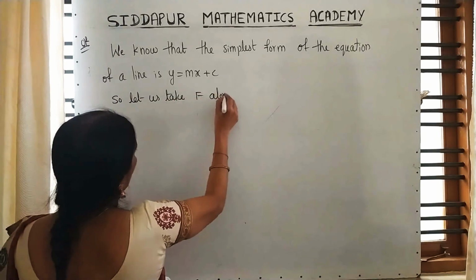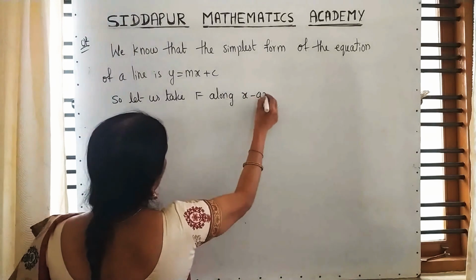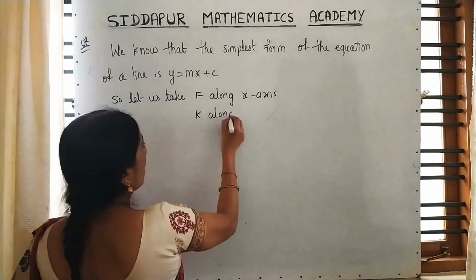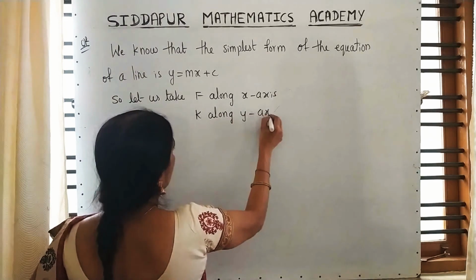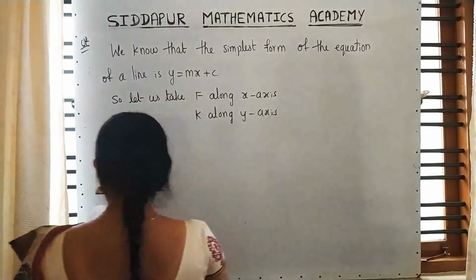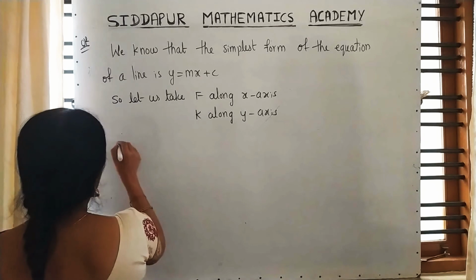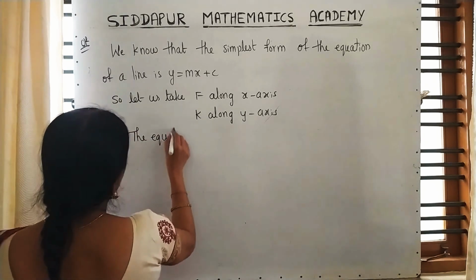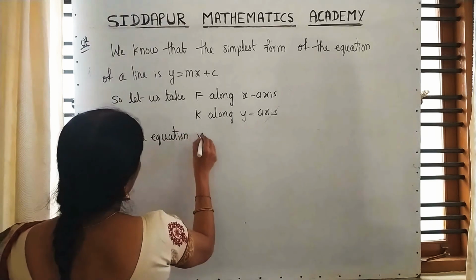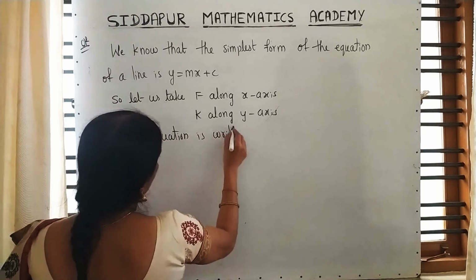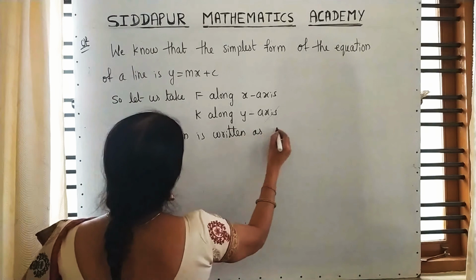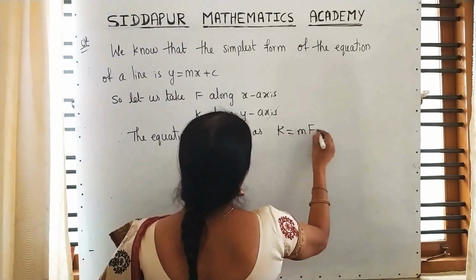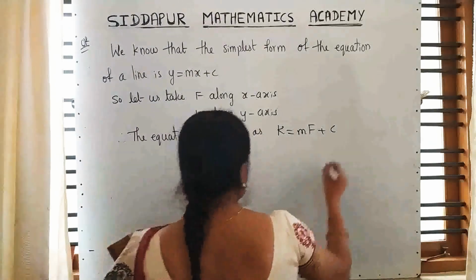Then how do you write the equation? Therefore, the linear equation is written as K is equal to m into F plus c.